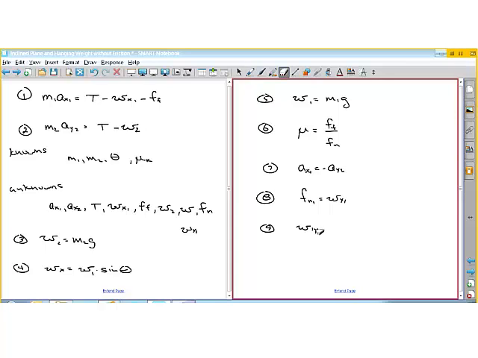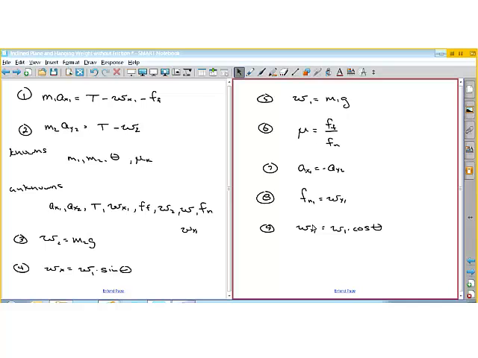W sub y1 is equal to W1 times the cosine of theta. I know theta, I know W1. So now I have everything I need. 9 unknowns, 9 equations. Again, it's not as daunting as it seems. You just have to make some substitutions.